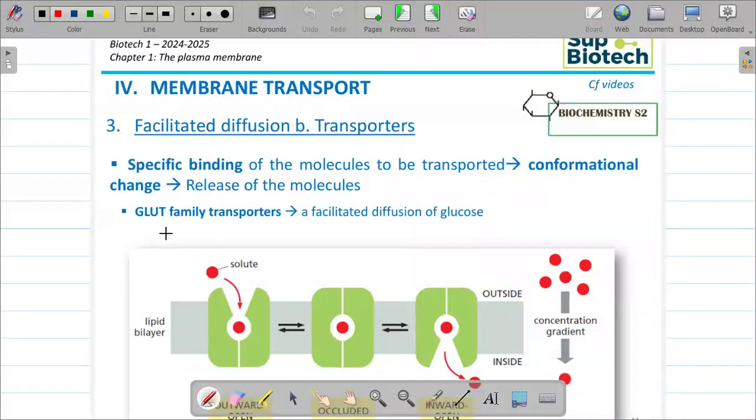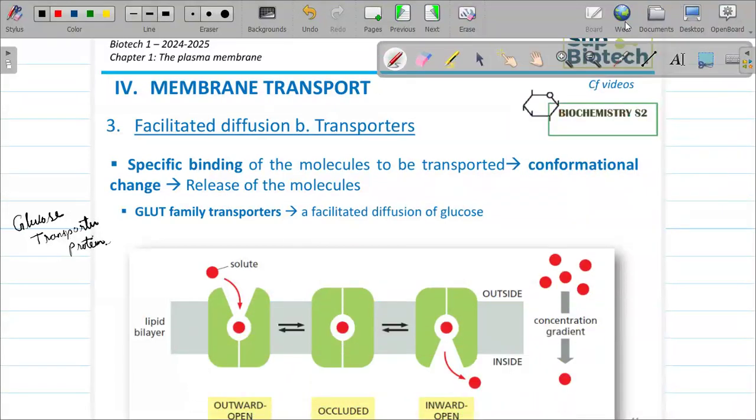One of the families is called the GLUT family transporters. I'll tell you what a GLUT transporter is. GLUT is actually a protein. It is called glucose transporter protein.